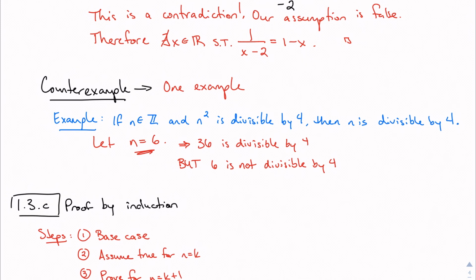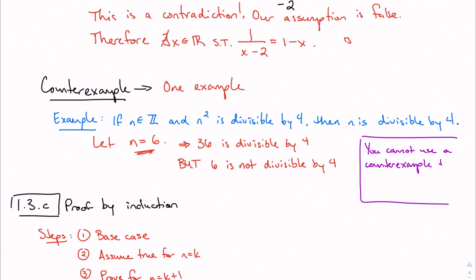The one catch, maybe I'll put it over here, is that you cannot use a counterexample during a proof by contradiction, because it's almost like a double negative, right?